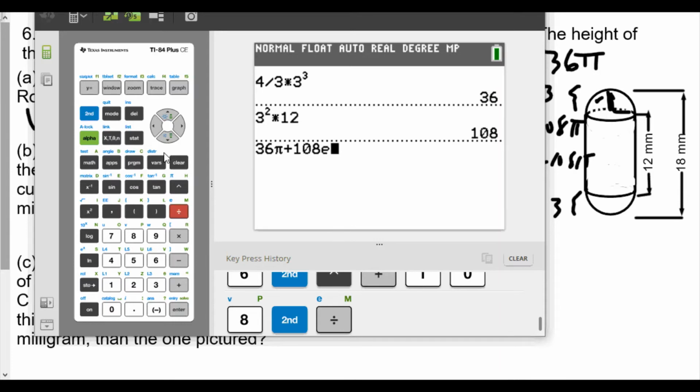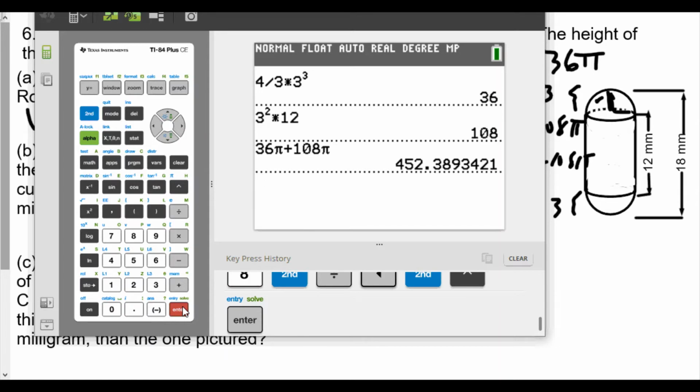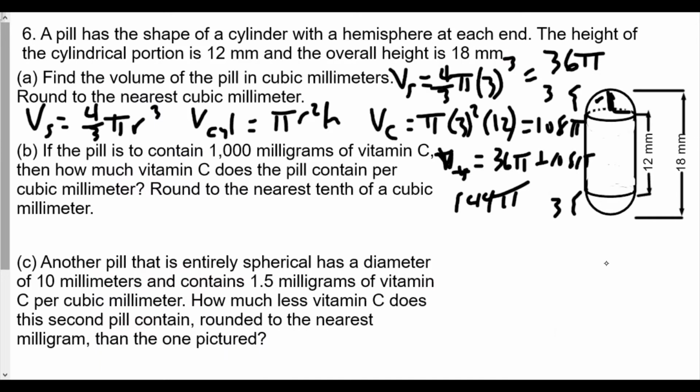Rounded to the nearest cubic millimeter, we get 452.389, so 452. We'll have, in this case, 452 cubic millimeters, and that's going to be your answer for the first part.